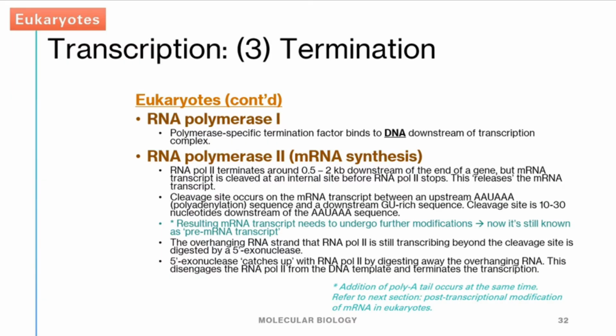It's around 10 to 30 nucleotides down from the AAUAA sequence. The resulting mRNA transcript after cleavage at the AAUAA sequence will be released from the DNA template, but it still has to undergo a couple of different modifications before it can be transported out of the cell nucleus.